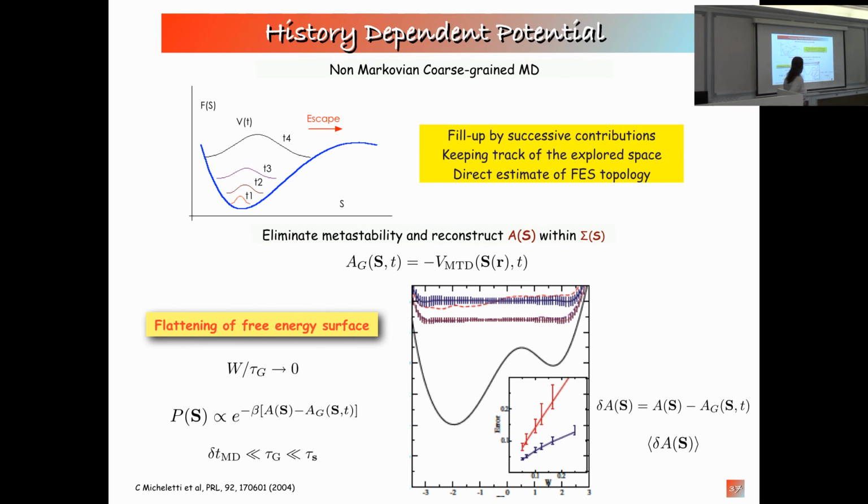In this respect, the error that you have when you stop, if you are in this situation, the error in the evaluation of the free energy difference is the size of your bit of potential. So this is the corrugation that remains once you are in a flattened situation. If you do everything correctly, so you deposit this potential slowly, so that means that the deposition rate is much slower than the time step of your MD.